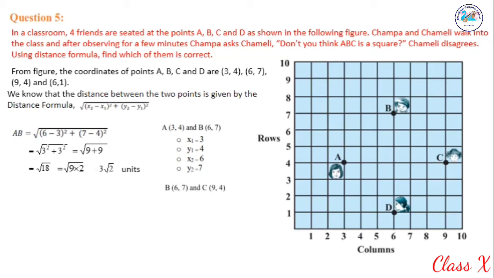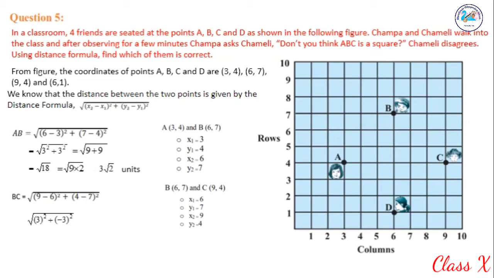Now we move on to BC. We copy down the points B and C, and as before write x1, y1, x2, y2. Then we calculate BC. That is (x2 minus x1) the whole square, 9 minus 6 the whole square, plus (y2 minus y1) the whole square, where y2 is 4 and y1 is 7, that is 4 minus 7 the whole square.